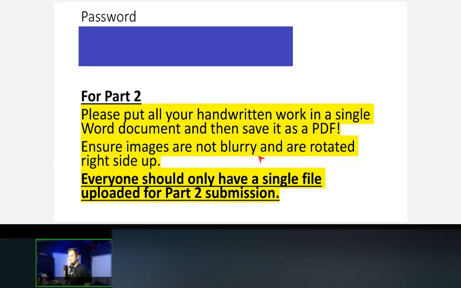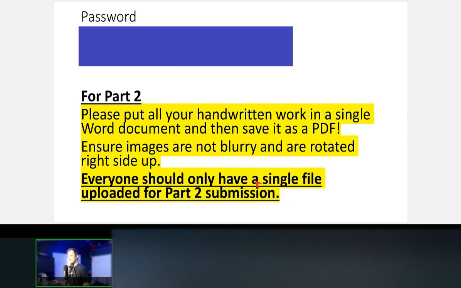Once you have every image in the Word document and it looks good, verify that it's not blurry, so it should be clear, and the images are oriented correctly, right side up. I shouldn't have to turn my head sideways to read your work. So make sure they're rotated properly. Everyone should only have a single file uploaded for part 2 submission, and it should be a PDF.